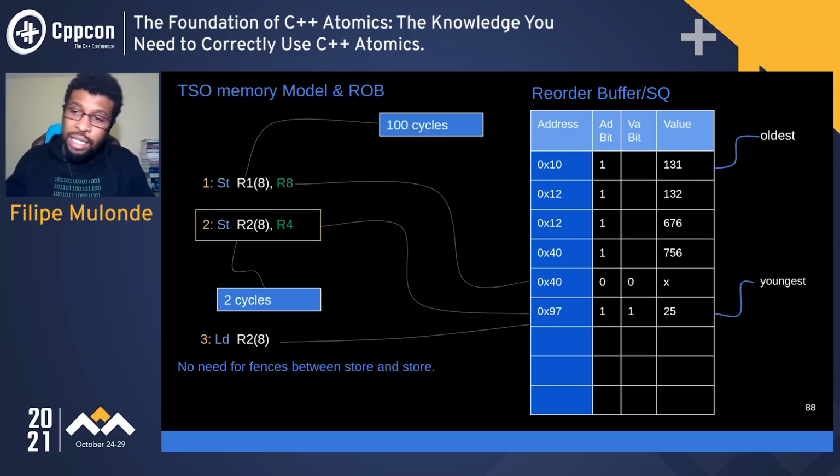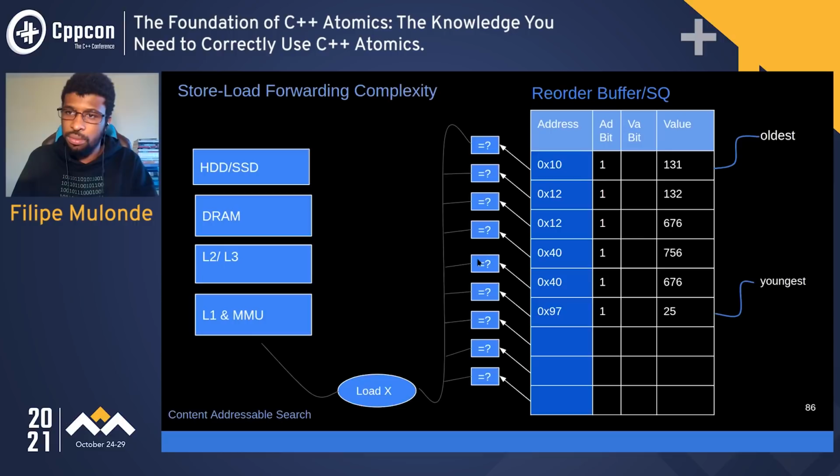Because that thread from a different core does not have access to this buffer, because this buffer is local to this thread. That thread needs to send a request to the memory controller to get the value from memory. And that's how two threads or processors in the system can have different views on how memory operations took place.